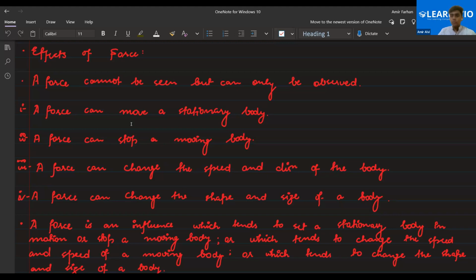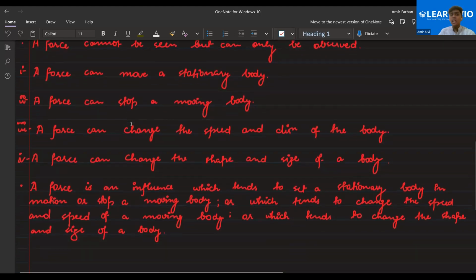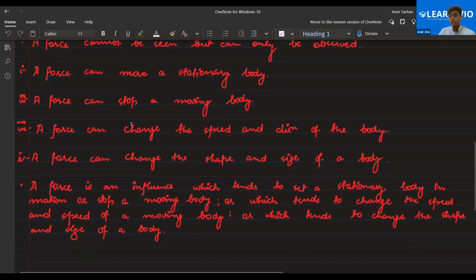If something is lying on the floor at rest and you exert some force on it, the body will move. Next, a force can stop a moving body. A very good example: suppose we are playing cricket. When a ball is traveling with a high speed, we catch the ball with our hands. So we stop the ball.